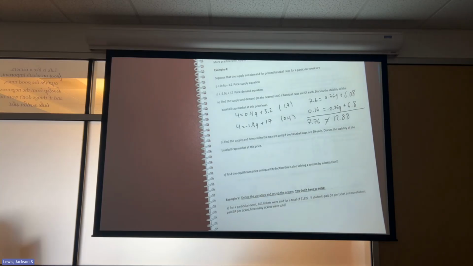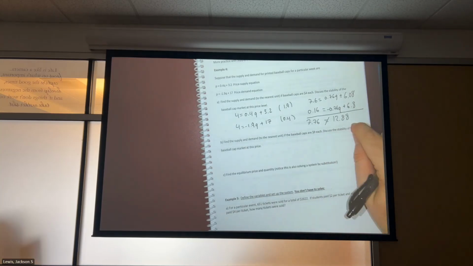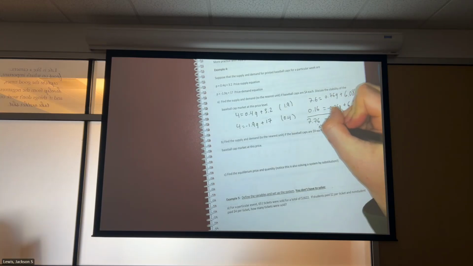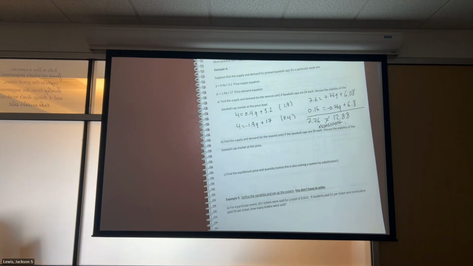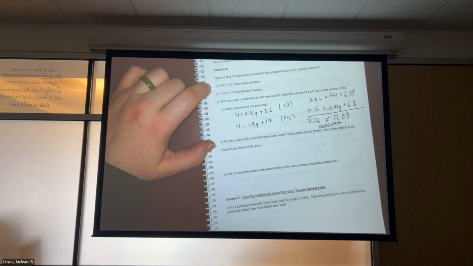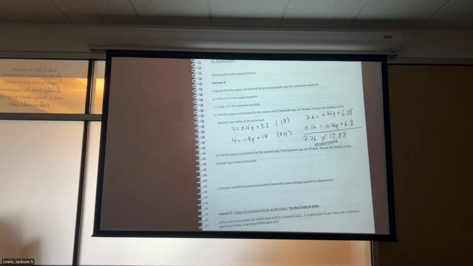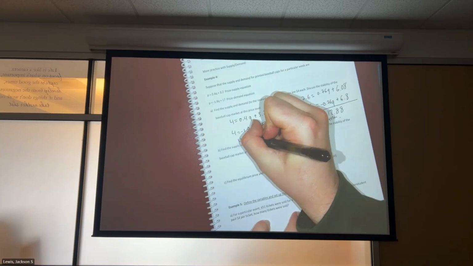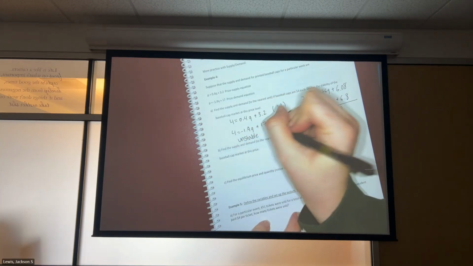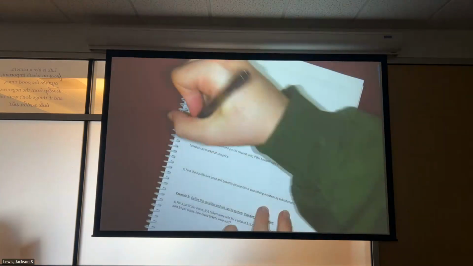It says discuss the stability of the baseball cap market price. It is inconsistent. Both of these can't be true. These are different equations, so unstable, I suppose.